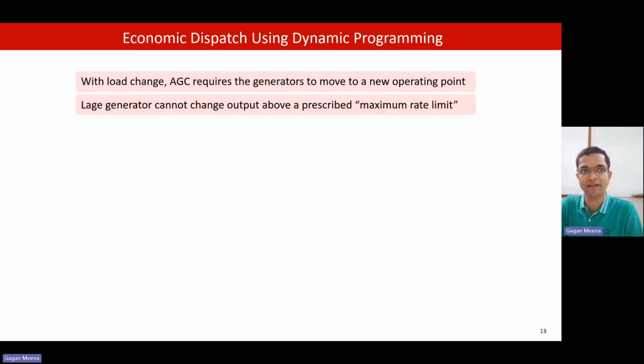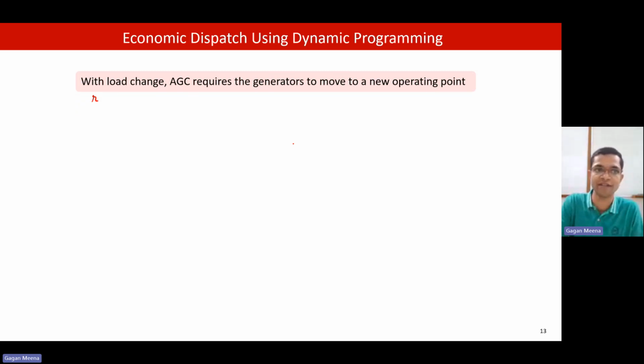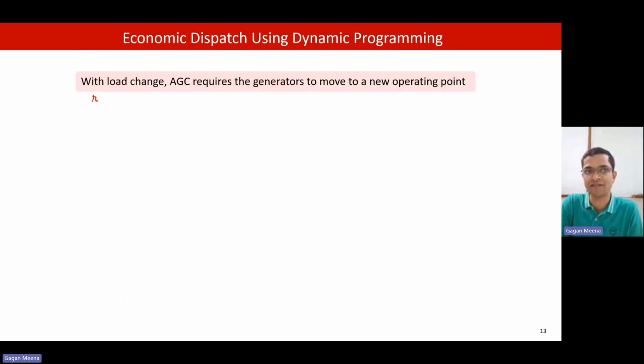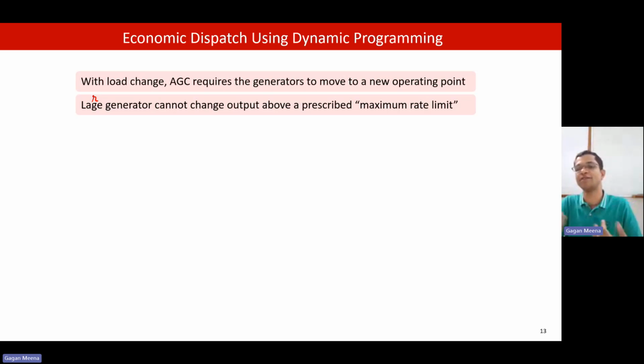Same thing is written here for the large generators. The large generators cannot change their output above a prescribed maximum limit. Similarly, here we have seen that the load is increasing, and the output is increasing. The same is also applicable when the load is reducing.